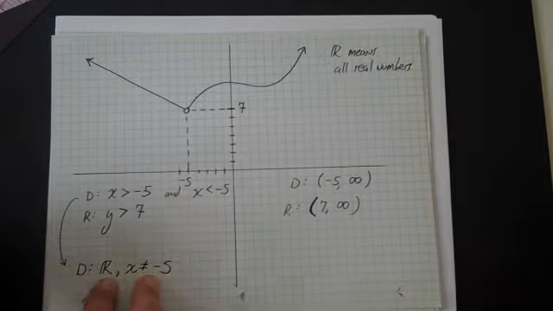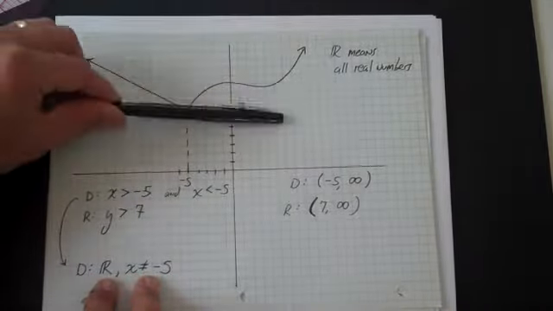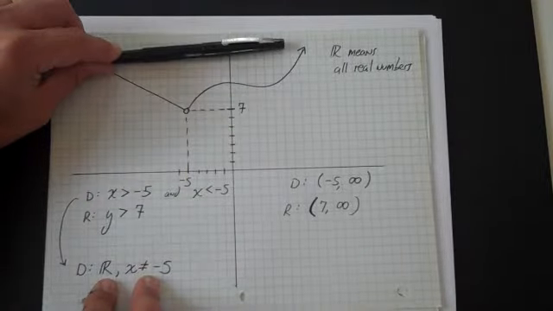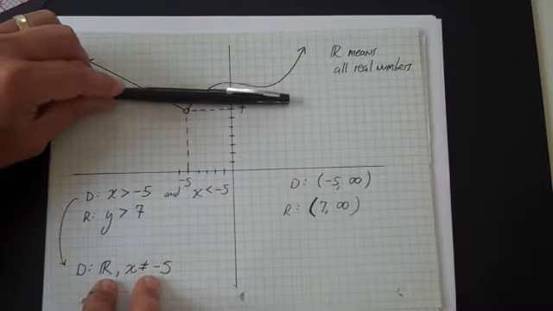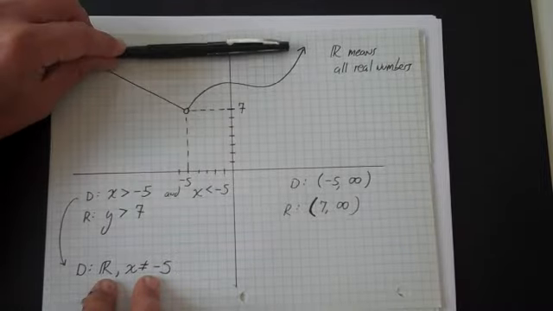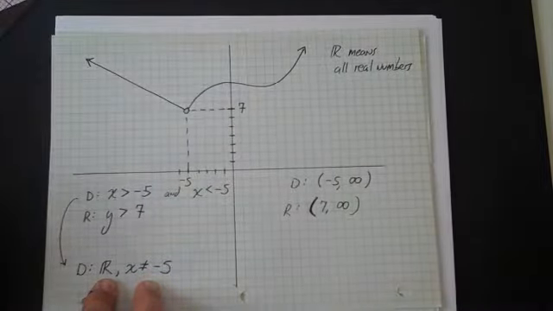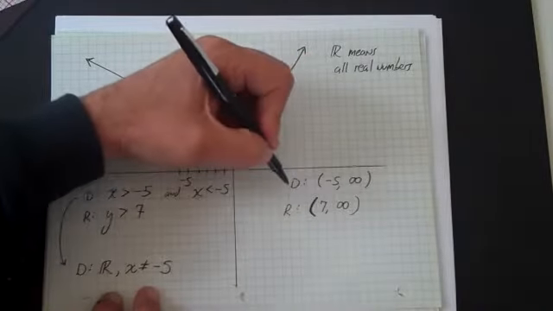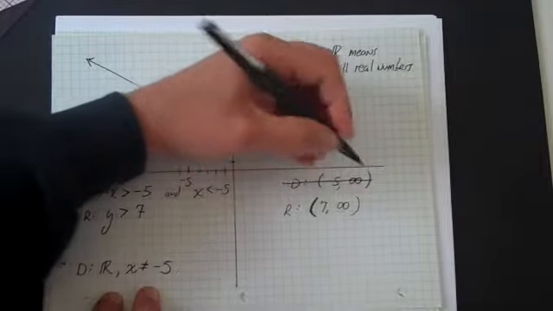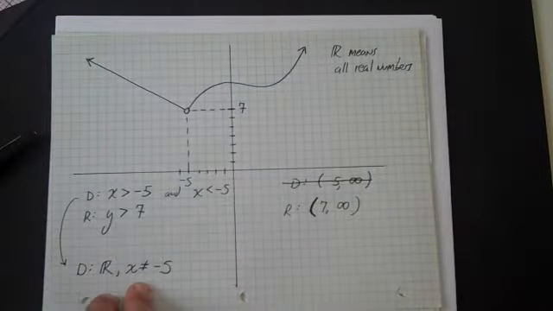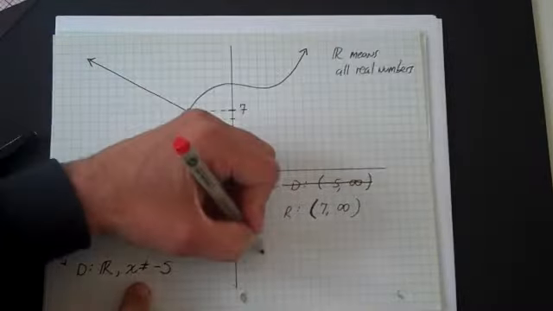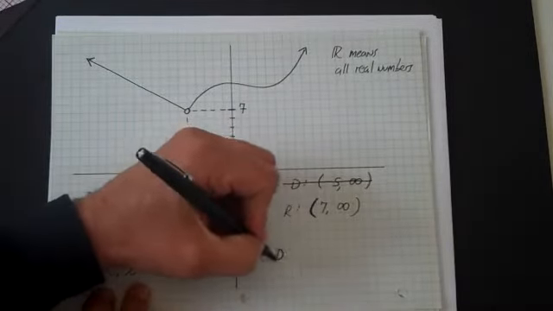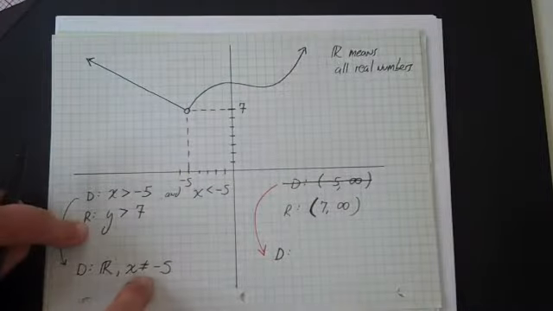Now let's think about the range here. Before, the range could be everything from 7 up, and that's the same now. It still goes from 7 up, and that's it. So the range in this case would be the same. Let's rewrite the domain for interval notation. Now it's everything except for x equal to minus 5.